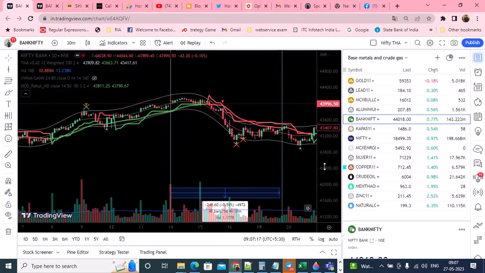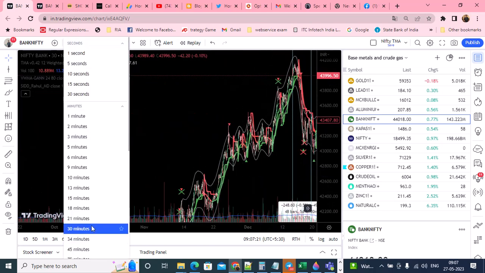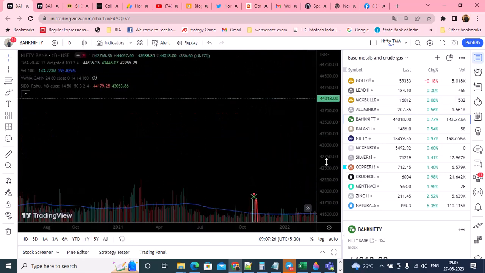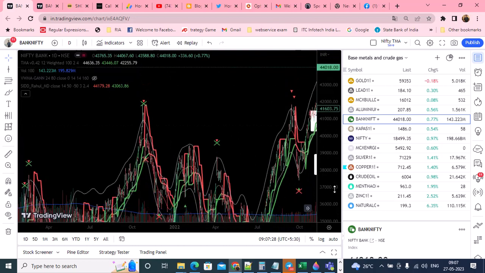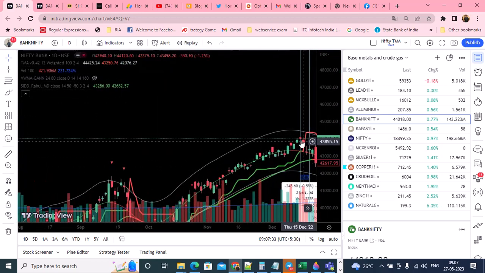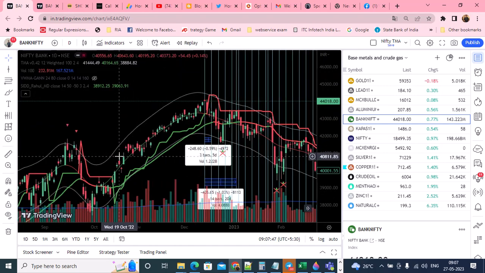So I have this Bank Nifty, and if you go here and see what the high is, the last high we made was near 14 December 2022. From that 14 December 2022, I have taken this trading setup, and I will tell you the things in it one by one.